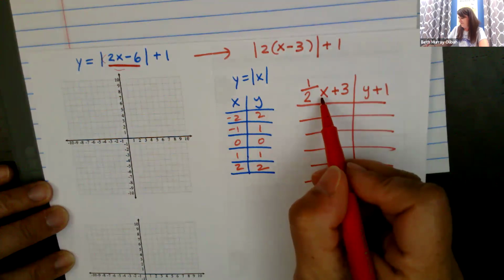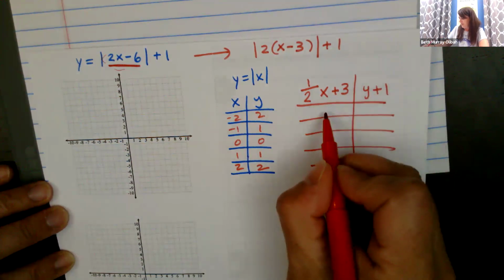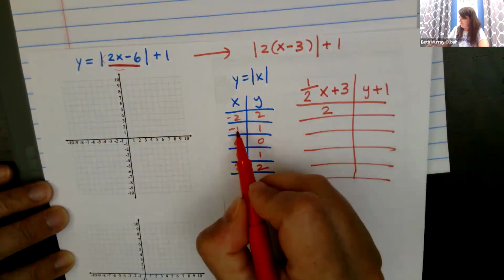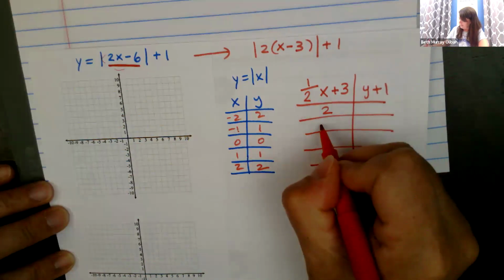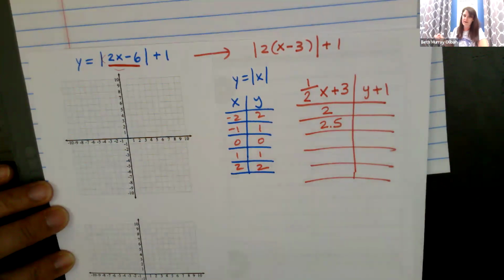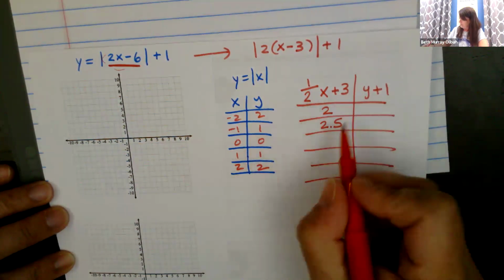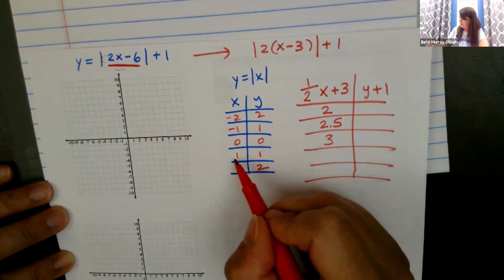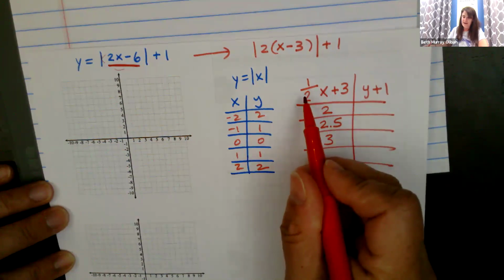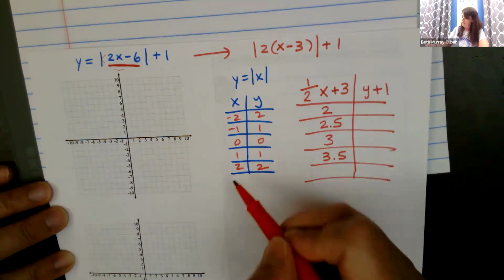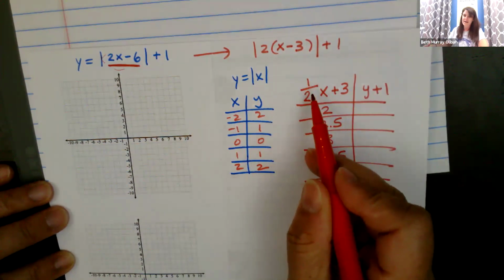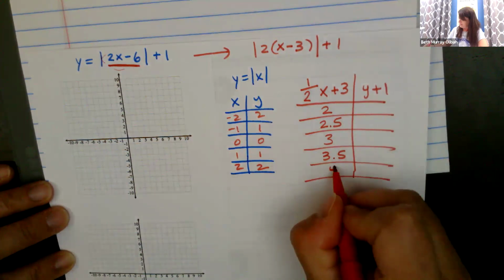-2 times 1/2 is -1 plus 3. -1 times 1/2 is -1/2 plus 3. So that's going to be 2.5. 0 plus 3. 1 times 1/2 plus 3 is going to be 3.5. And 2 times 1/2 is going to be 1 plus 3.